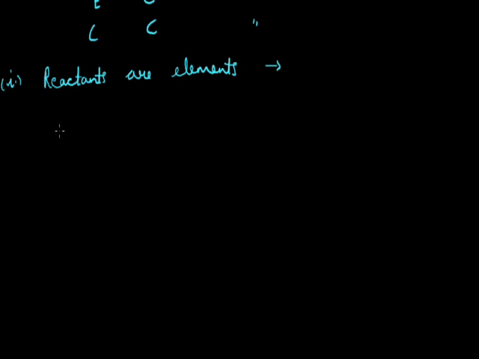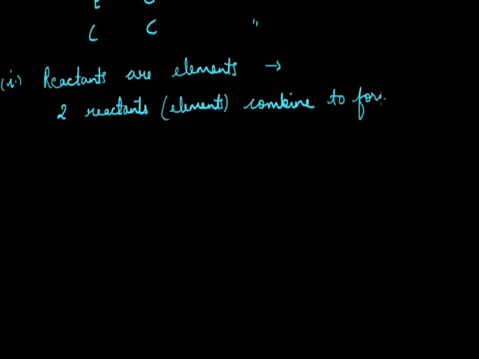Now in this category we can see that when two reactants which are elements combine to form one product. A very good example of this is the burning of magnesium ribbon.